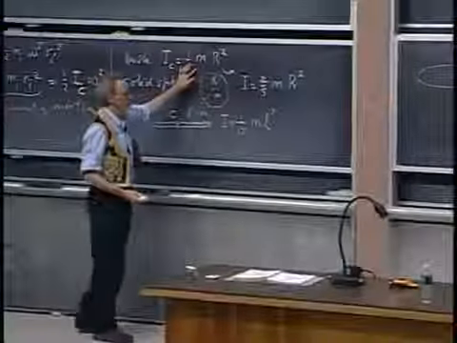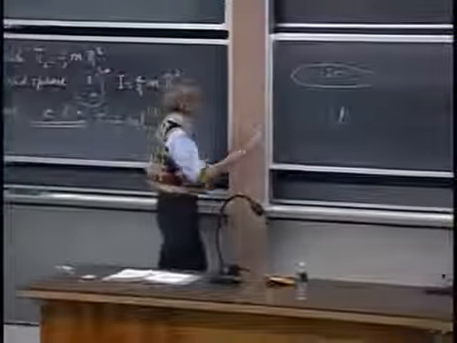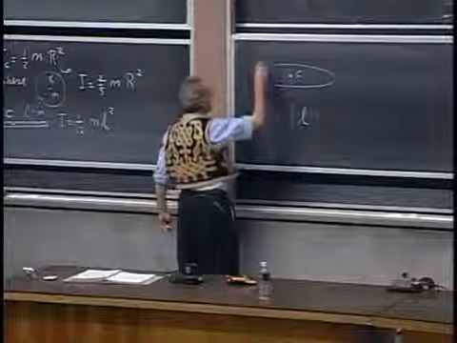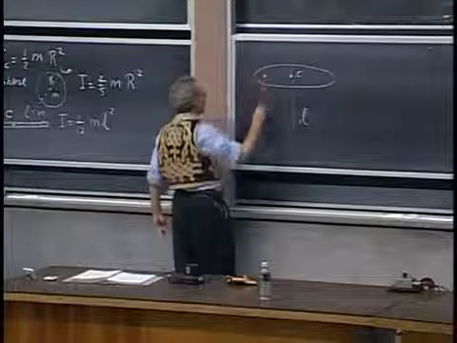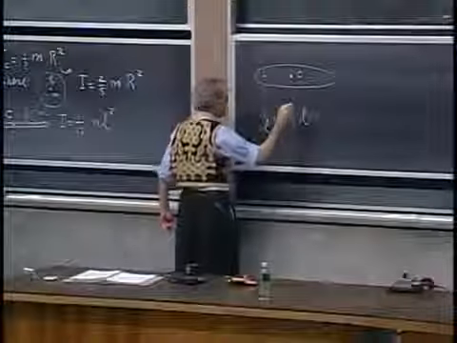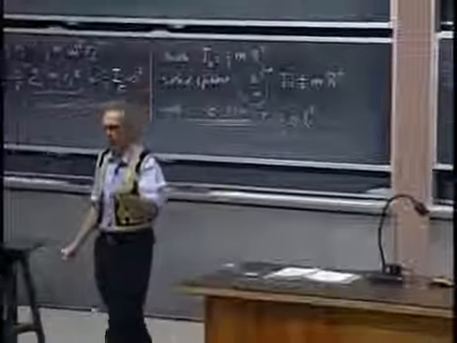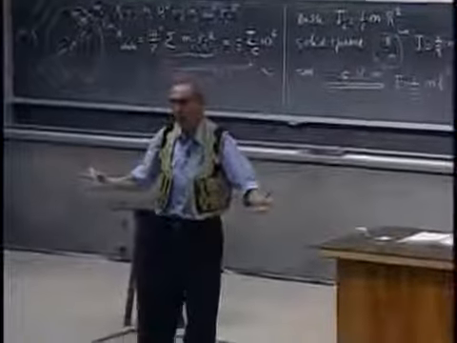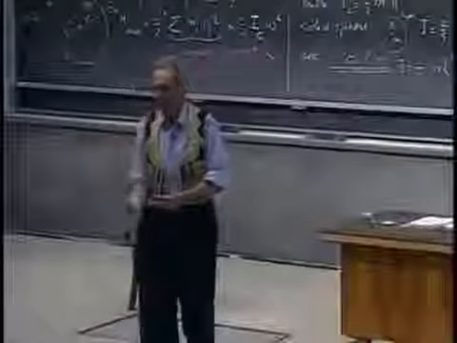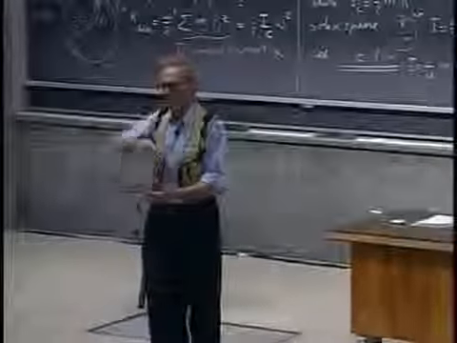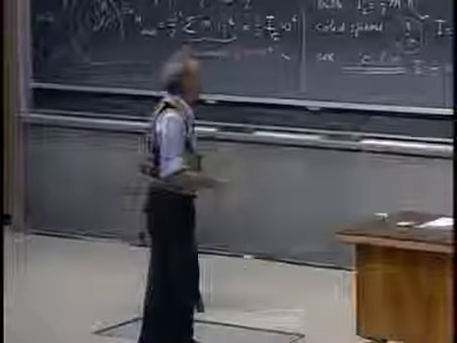This is the moment of inertia. But now I'm going to drill a hole here, and I have here an axis, L prime, which is parallel to that one. And I'm going to force this object to rotate about that axis. I can always do that. I can drill a hole, have an axle, nicely frictionless bearing, and I can force it to rotate about that.